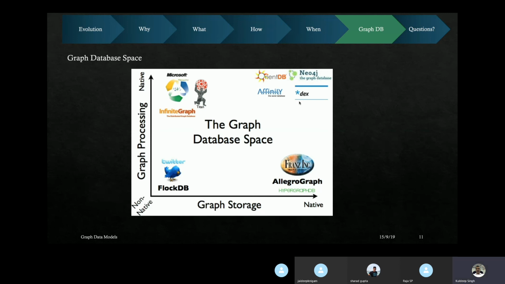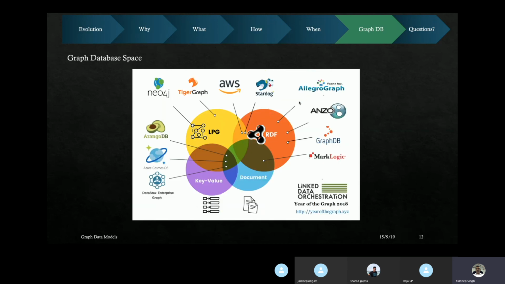Okay, let's look at it from another angle also. It's a simple Venn diagram. LPG is actually labeled property graph. RDF is a linked data format where things are stored in a subject, predicate, and object kind of way, as triples.